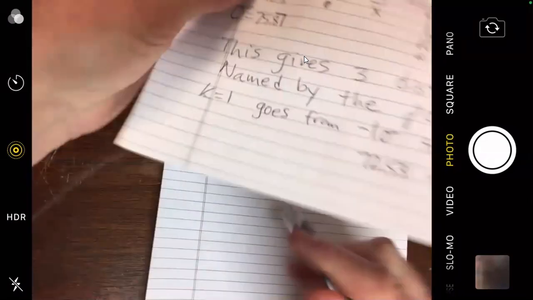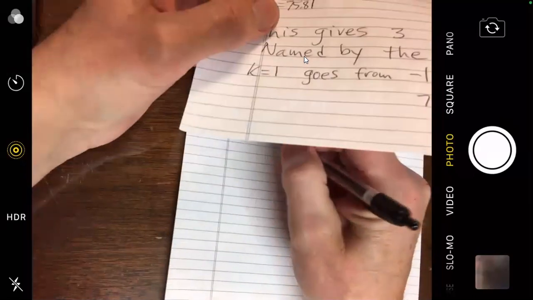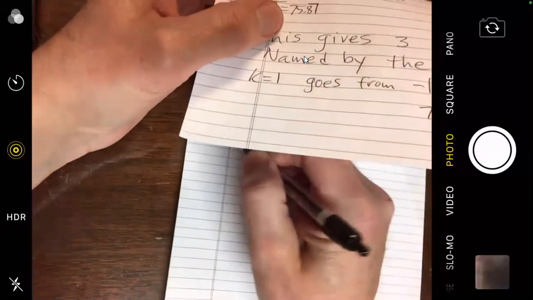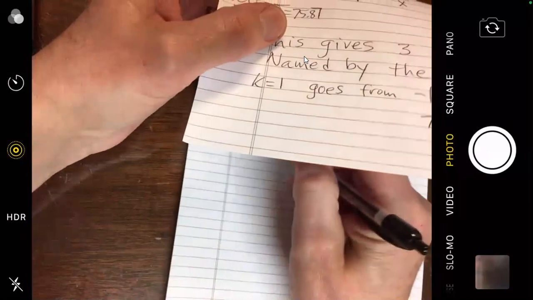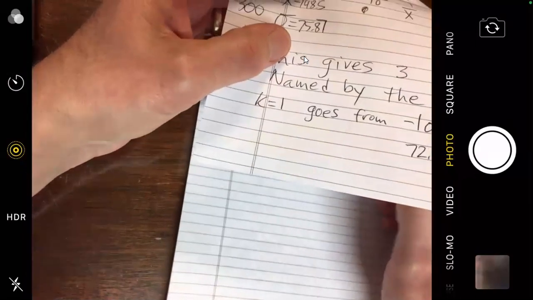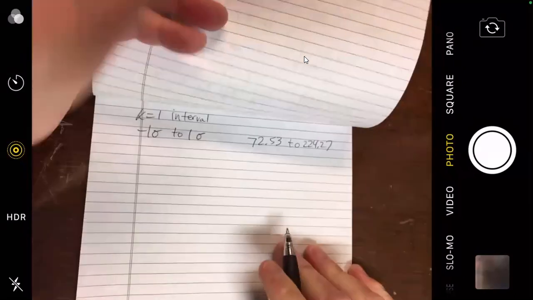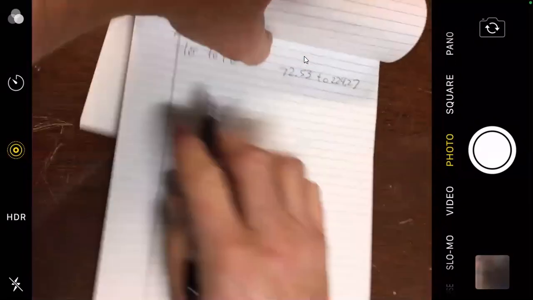So the K equal 1 interval, minus 1 standard deviation to 1 standard deviation, is 72.53 to 224.27. Anybody with a weight in that interval is within 1 standard deviation of the mean.